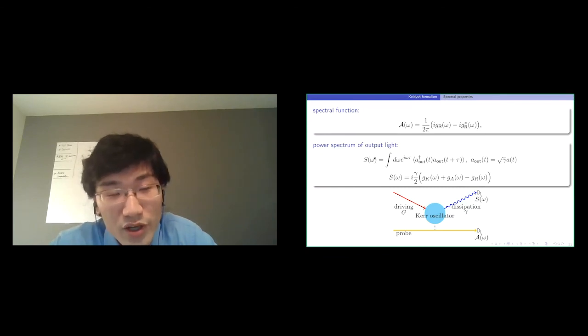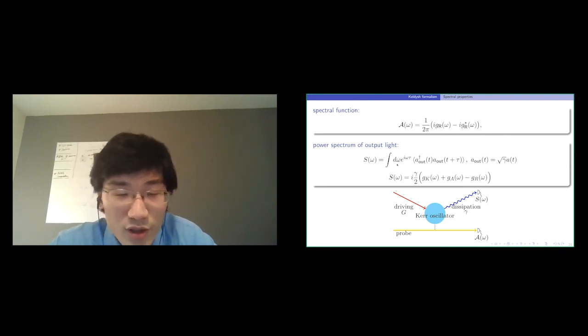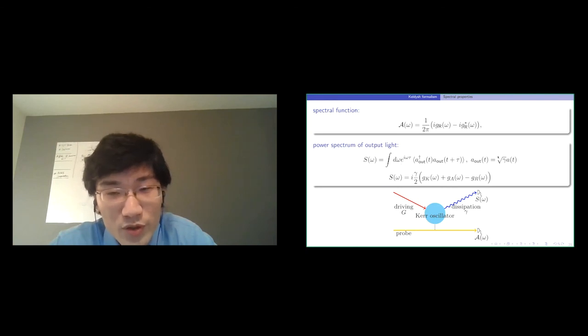Another thing we are interested in is the output light. Basically, the properties of the photons that are dissipated from the cavity. For example, we can measure the power spectrum of this dissipated light. From input-output theory, you can show that this output light can be written as square root gamma times A, where A is the field in the cavity.